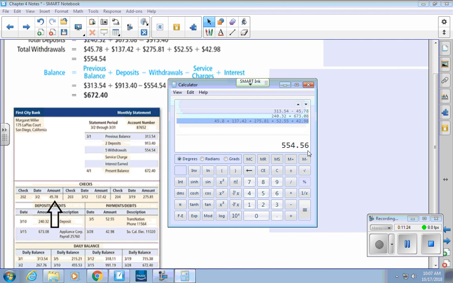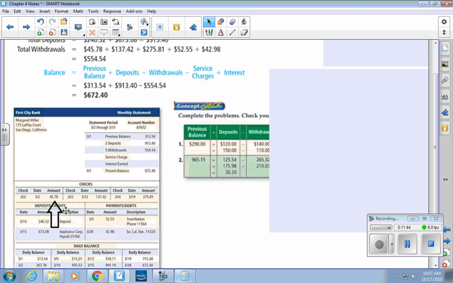And I get $554.56. So I'm just going to double check. Oh, that's why. Because this one is a 78. Okay, so now, there we go. $554.54. So I agree with the withdrawals.